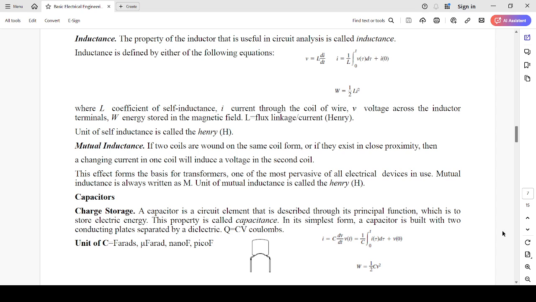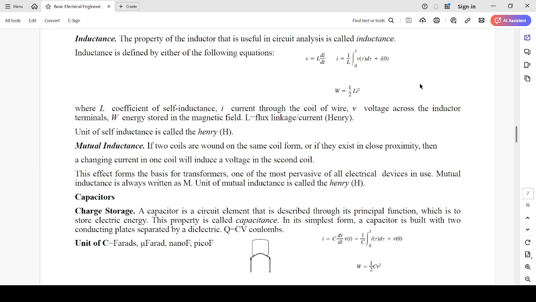So, the voltage across the inductor is estimated by the formula L into di by dt, and if you cross multiply it, that is V into dt is equal to L into di, and di comes out to be 1 upon L into V dt.